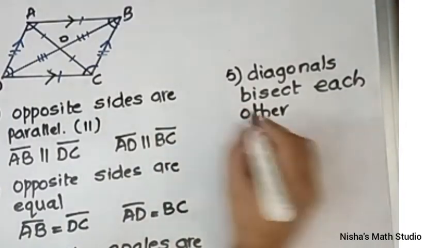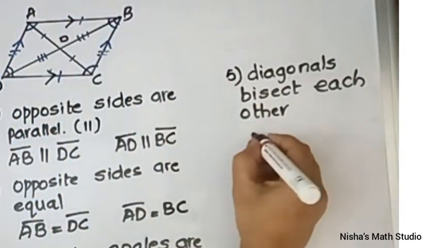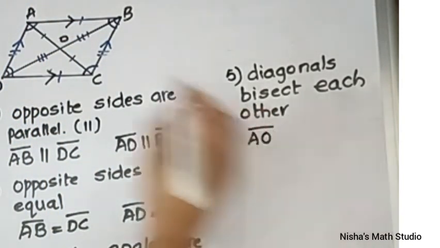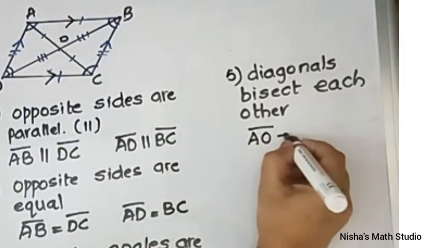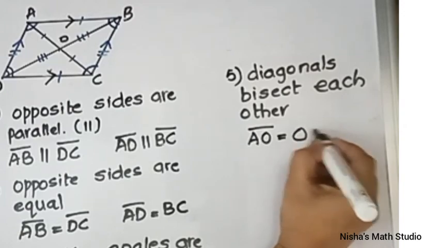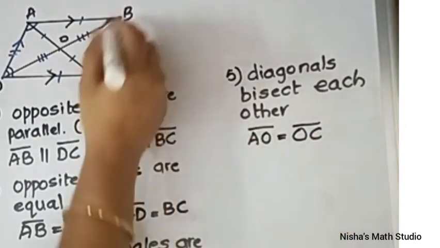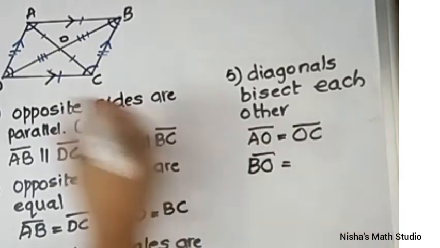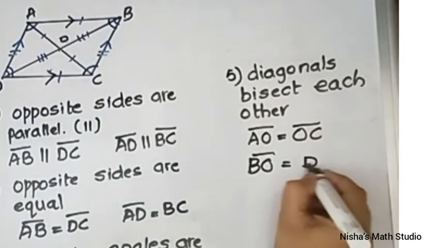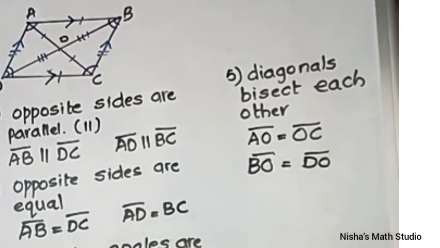So here, AO, the first portion of this diagonal, will be equal to OC. Similarly, BO will be equal to DO. So these are the 5 properties of a parallelogram.